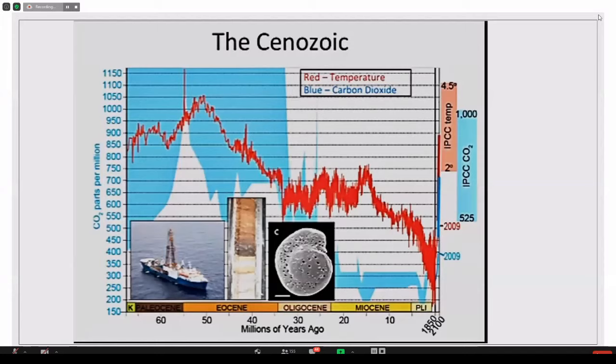So this is one of the most famous records, a compilation of the entire Cenozoic oxygen isotopes. The oxygen isotopes basically give you the temperature ranges, and as I said, this starts from around 56 million years ago right up to the present.